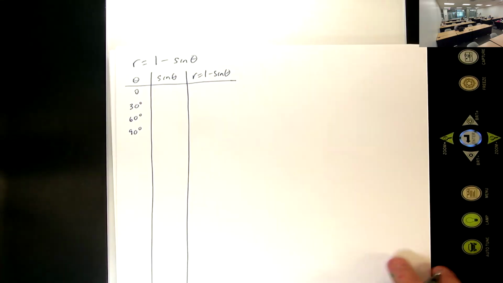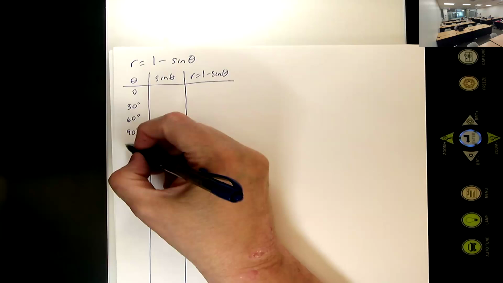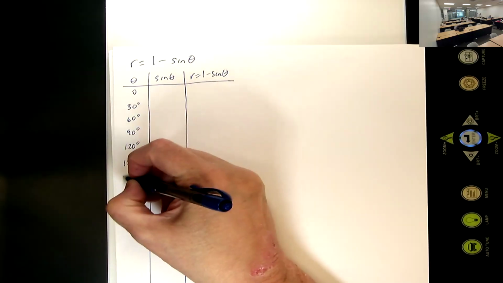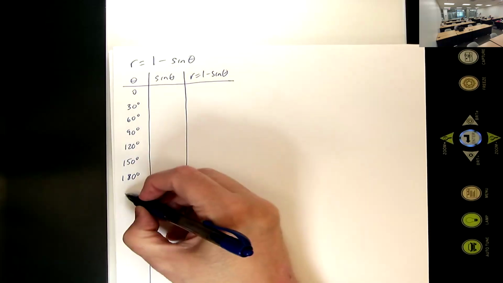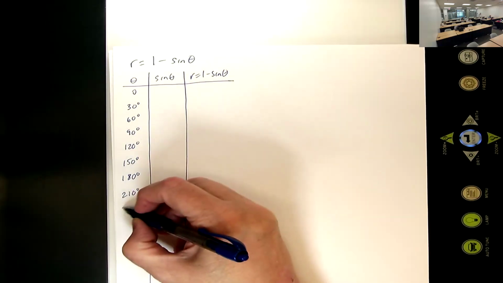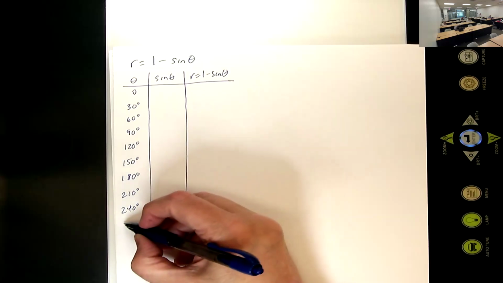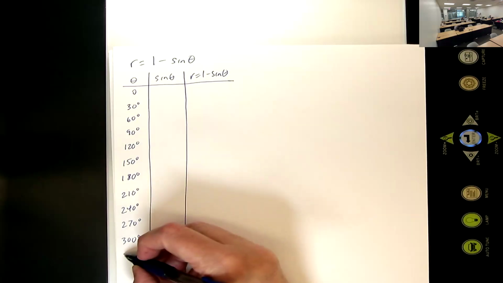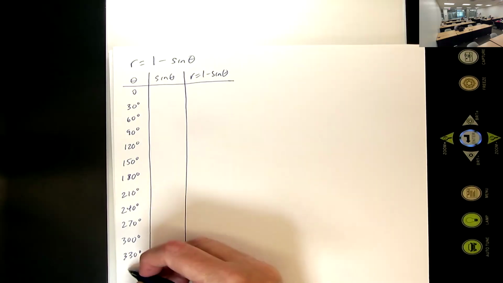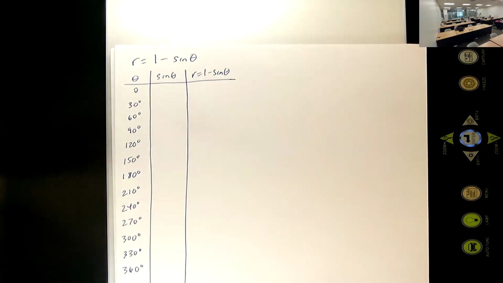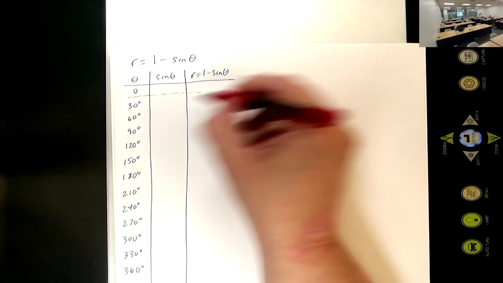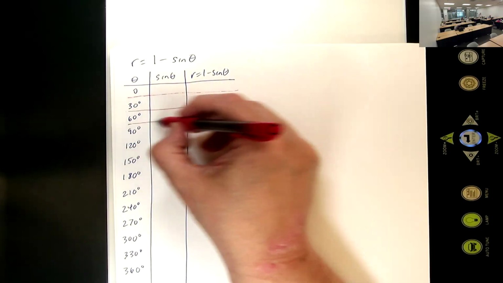You want to go around the whole circle though. Maybe I'll put in some dividing lines so we can see where everything is a little bit easier.